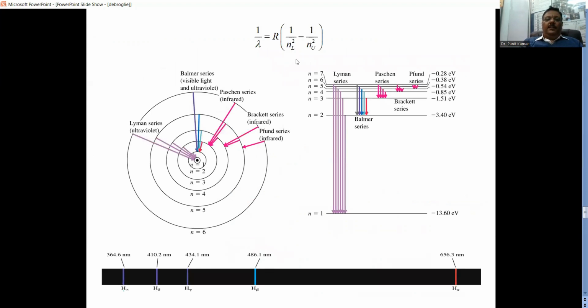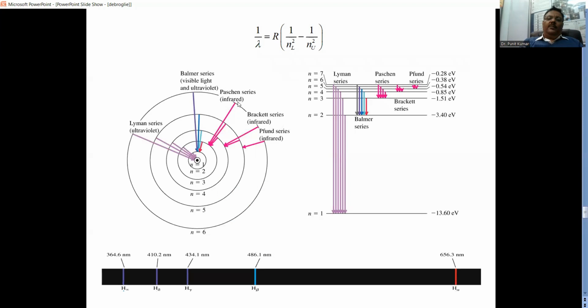We see from this that when there is a transition from higher levels to n equals 1, the series emitted is called the Lyman series. A transition from higher levels to n equals 2 gives the Balmer series.